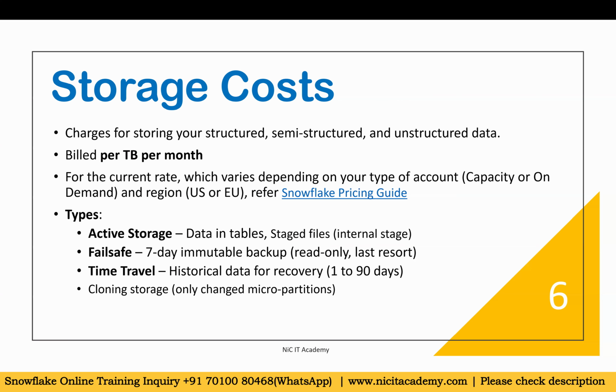Internal stage means Snowflake will handle that and store the files. External staging means AWS, GCP, or Azure will hold the files. For that, we have to pay to Azure, AWS, or GCP, not to Snowflake. Then we have fail-safe and time travel. For this also, it will take some cost.